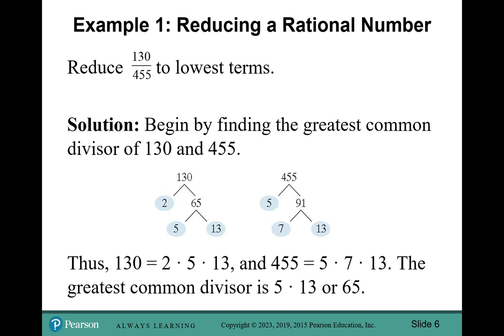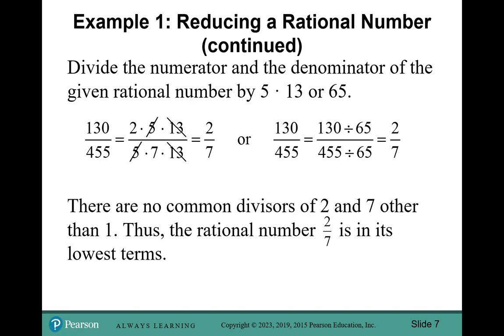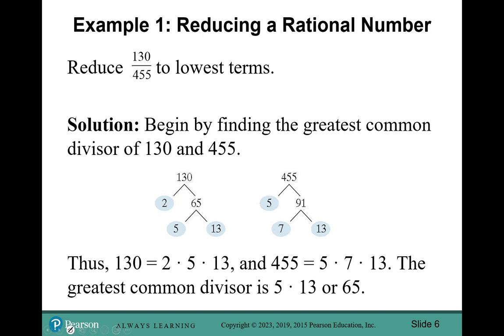So the prime factorization of 130 is 2 times 5 times 13, and 455 is 5 times 7 times 13. The greatest common divisor, remember, is what they have in common.